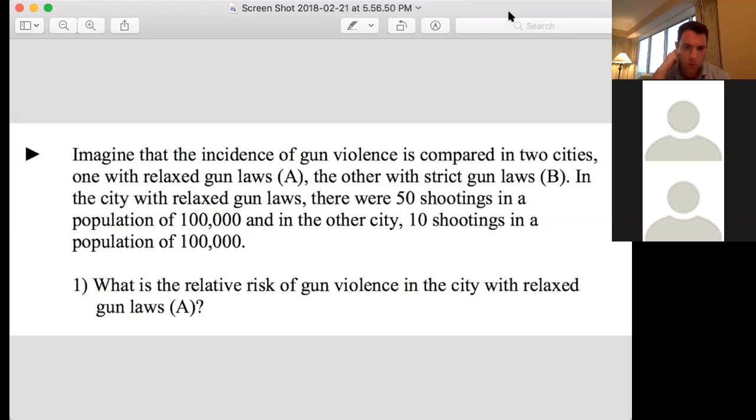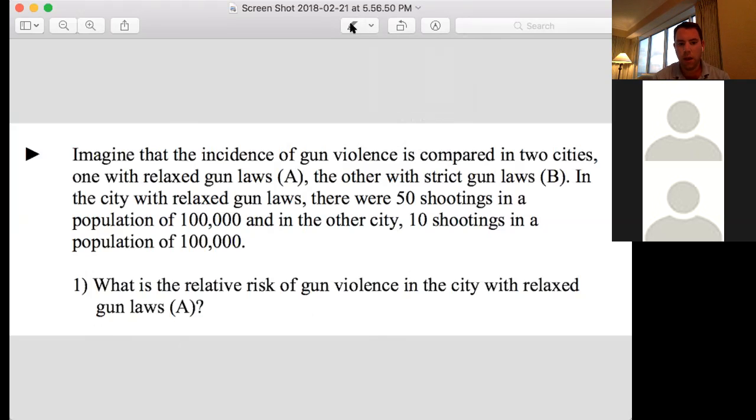Okay, so what should our first step be? Our first step should be defining what the exposure is and defining what the event is. So let's do that. Relaxed gun laws would be the exposure, correct?